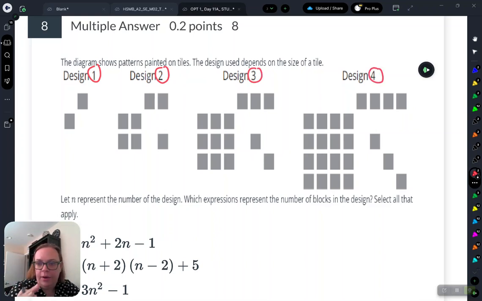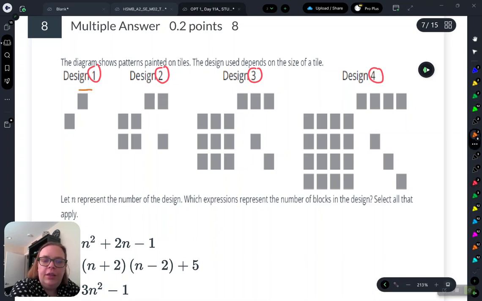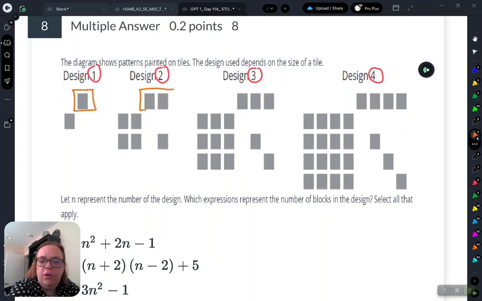So one thing I noticed was there is a sort of rectangle going along the top. And if you look at that rectangle, you can see that that directly corresponds to the design number for how many blocks there are.